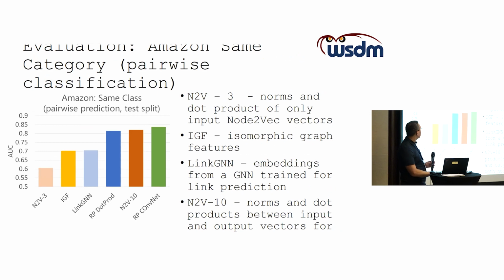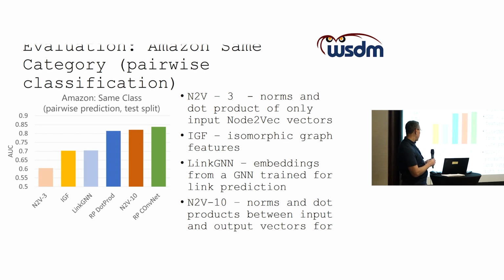In addition to node classification, we have evaluated a pairwise prediction task. This pairwise prediction task, which we artificially constructed, tries to predict if two products belong to the same category, but we don't actually provide this category during training. So it's just a binary classification. Here we see that our approaches perform better than the link GNN or the isomorphic features.